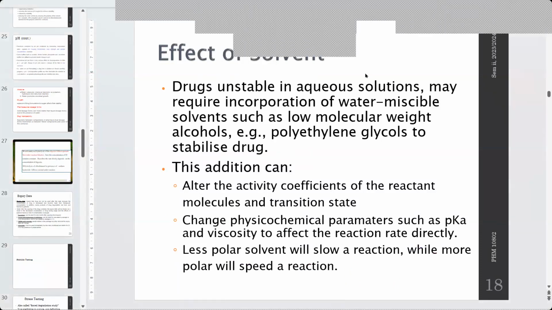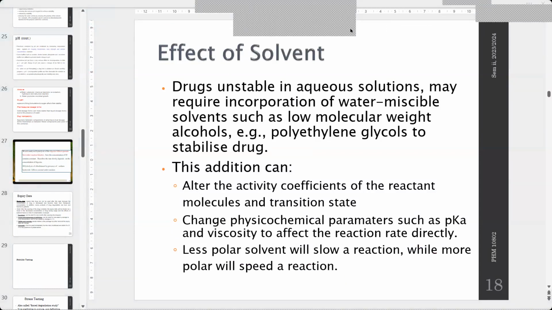Okay. So now we move to the effect of solvent in case of liquid dosage forms. How does it affect the degradation of drug product? Drugs unstable in aqueous solutions may require incorporation of water-miscible solvents such as low molecular weight alcohols like polyethylene glycol to stabilize the drug.